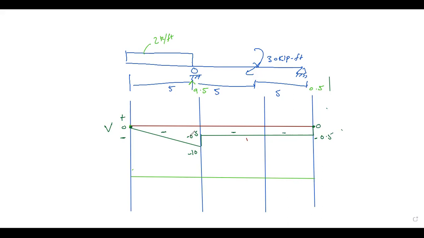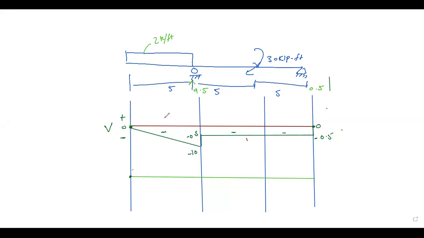Now we have to make the bending moment diagram. For this bending moment diagram, we start from 0 because this support is a cantilever, not a fixed support. So we will start from 0. Now we will add the area under the shear force diagram. So this is the area under the triangle.